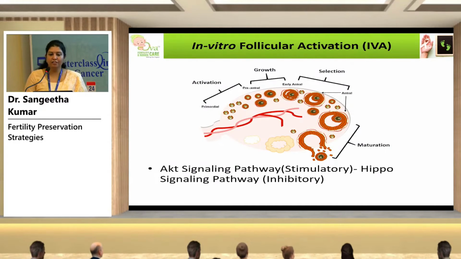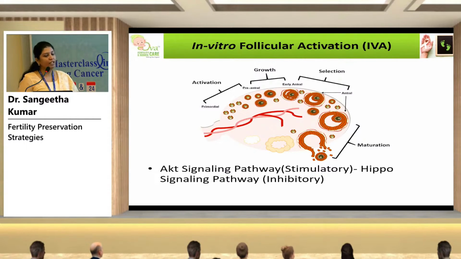This is in vitro follicular activation, a concept that has been carried out in patients with premature ovarian insufficiency. The concept states that the primordial follicles, which are a larger population and mostly quiescent, are activated. Every cycle they get activated, a few undergo selection, and only one dominant follicle progresses.